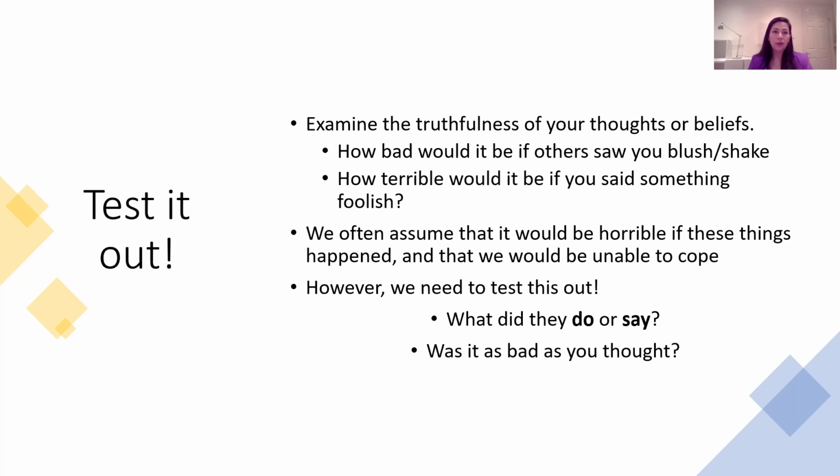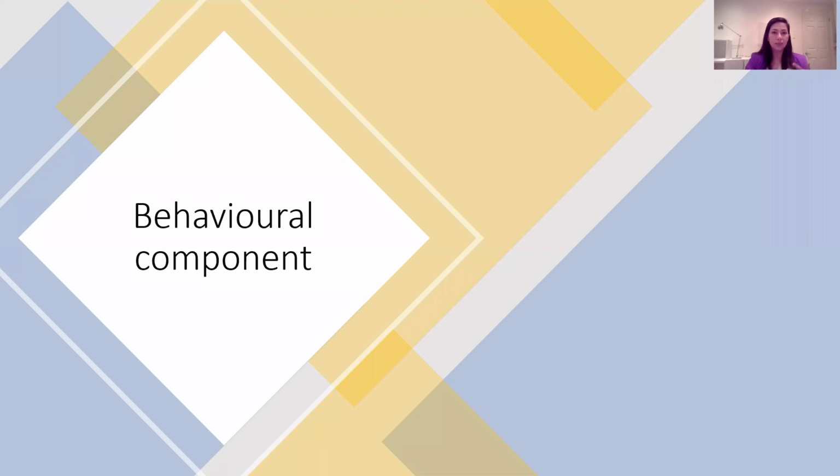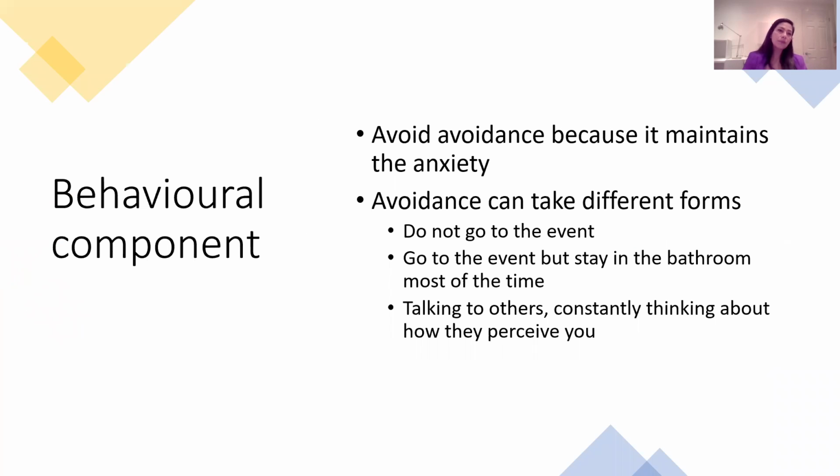And then we can test out some of these thoughts, and really this leads us to these behavioral components. So testing out our fears in social situations. Before we engage, as we talk about these behavioral components, it's very important for us to talk about the role that avoidance plays.